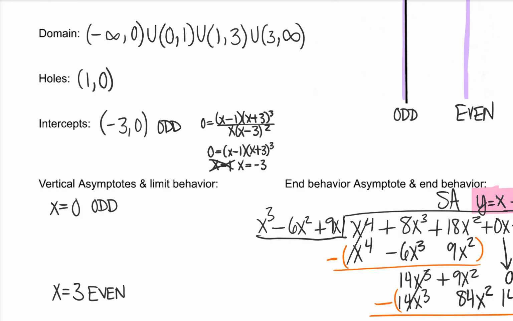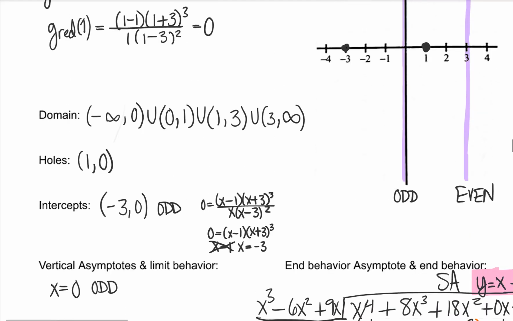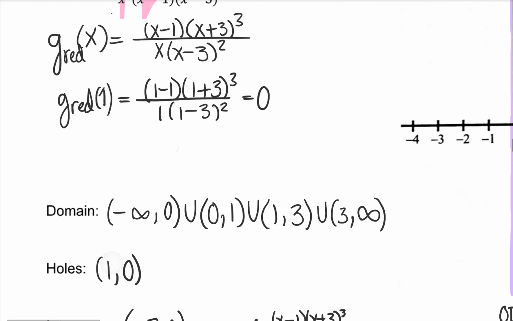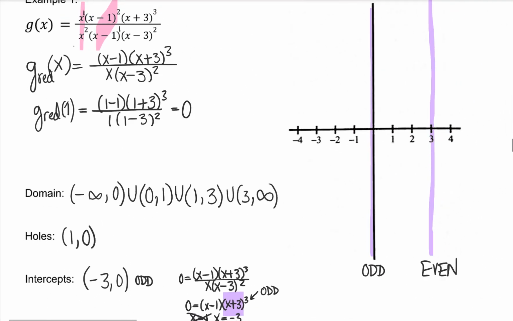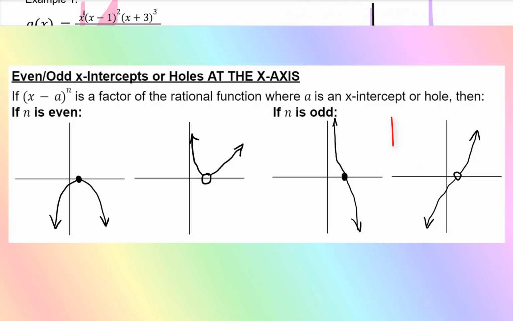It's not important to know if our hole is odd or even unless it is a hole at the x-axis. Wow, so this one is a candidate for us to determine if it is an odd hole at the x-axis or an even hole at the x-axis. So what we reduced was an x minus 1 over x minus 1. That was to the power of 1, meaning this is an odd hole.